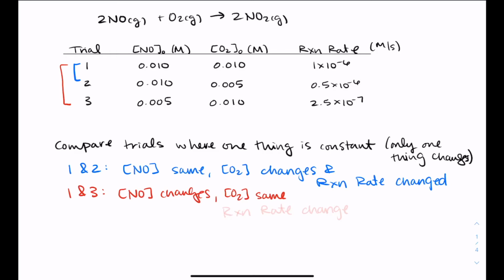Whatever the exponents end up being, the m and n, the order with respect to each of these, we're going to look at how to figure all of that out. In my rate law, I will see NO and O2 based on this data, because when I changed either of them independently, the rate of the reaction changed.